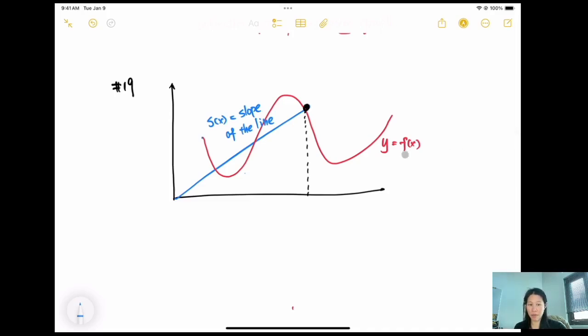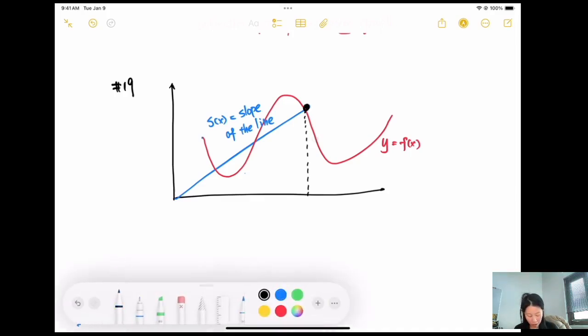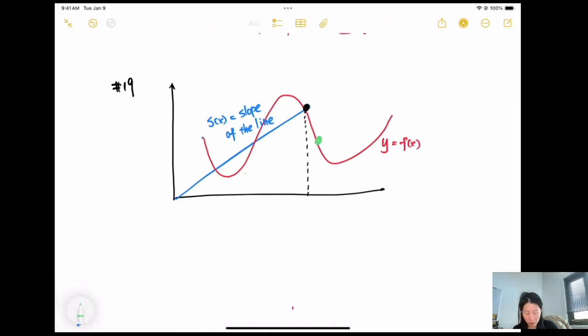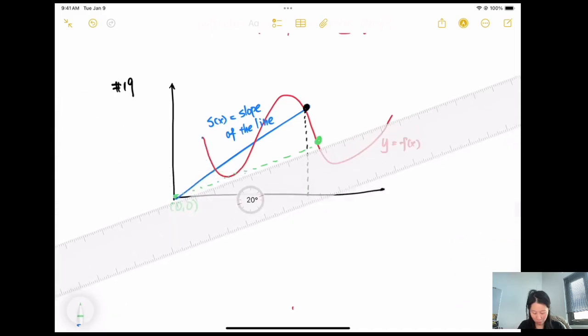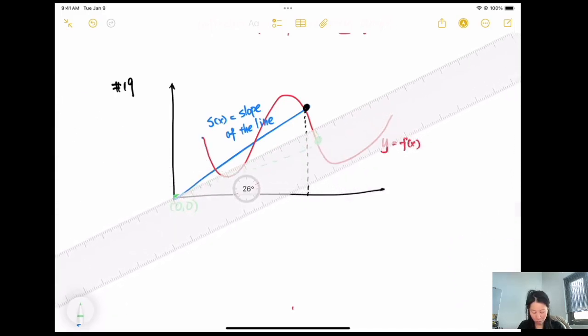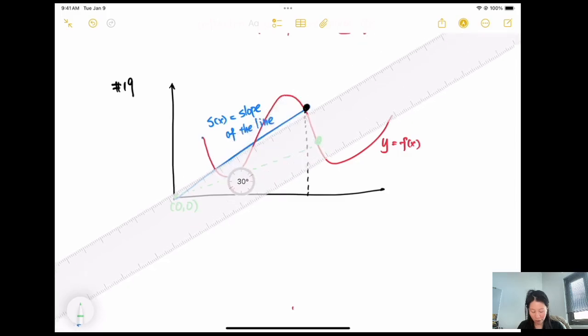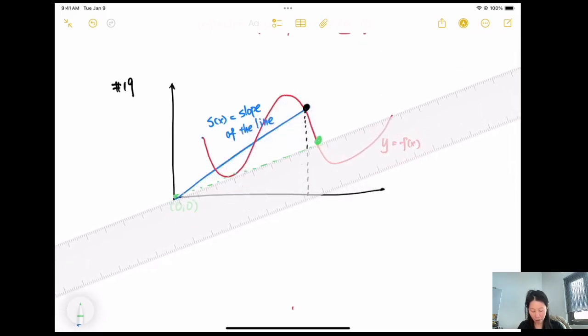For example, if the black dot is here, our blue line is going to look like, I'm going to use a green one, like here. You always go through the point (0, 0), and it will change like this ruler. I'm going to show you through the ruler. So the point will move along the graph like that.